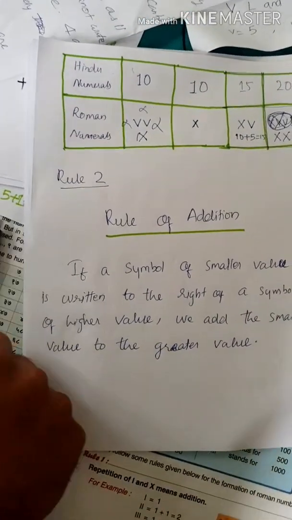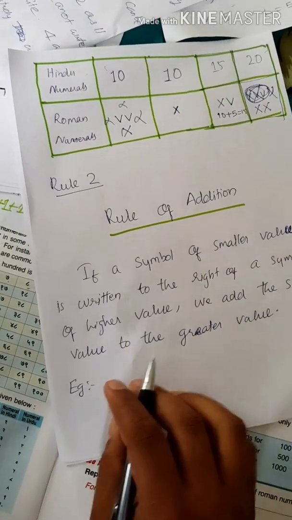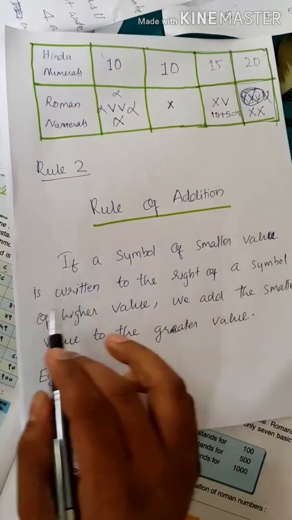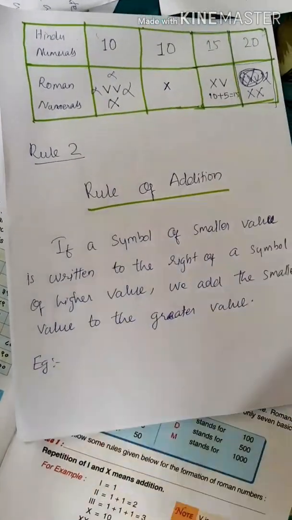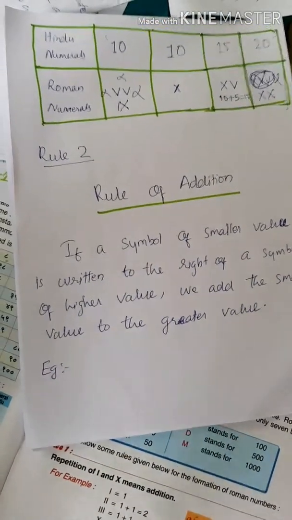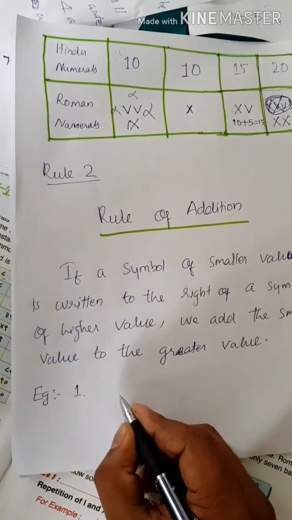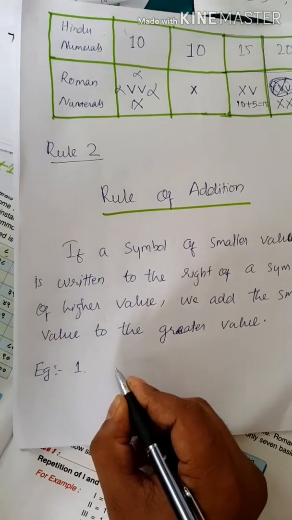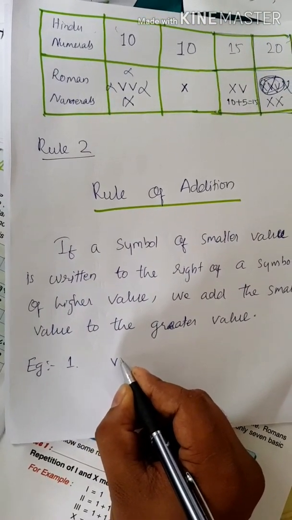Okay, students, let us take an example. Example 1. Once again, if a symbol of smaller value is written to the right of a symbol of higher value, we add the smaller value to the greater value. See here, the Roman numeral VI.